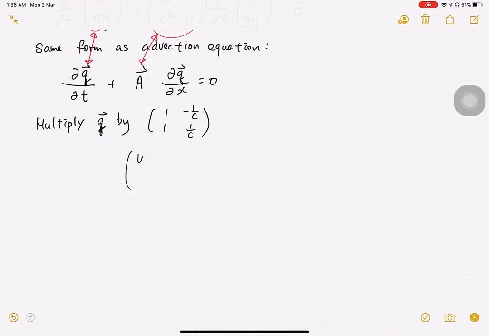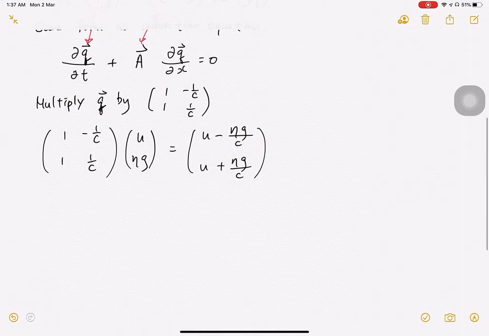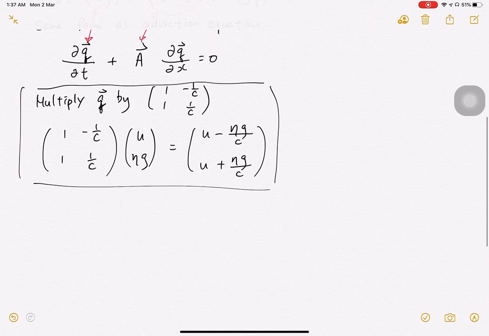Q is this U and then eta g matrix, and then multiply this, that will equal to U minus eta g over c, and then U plus eta g over c. Okay, and this is the first thing we do to the vector Q.